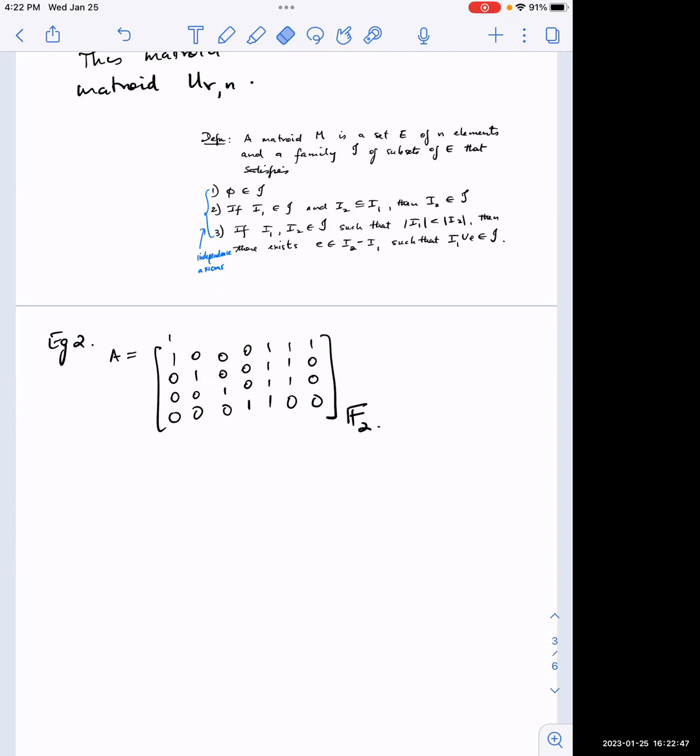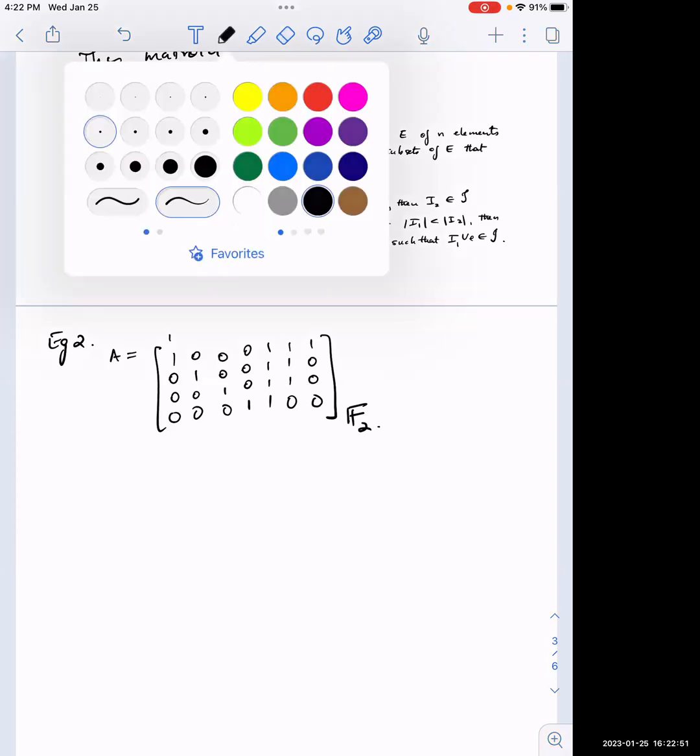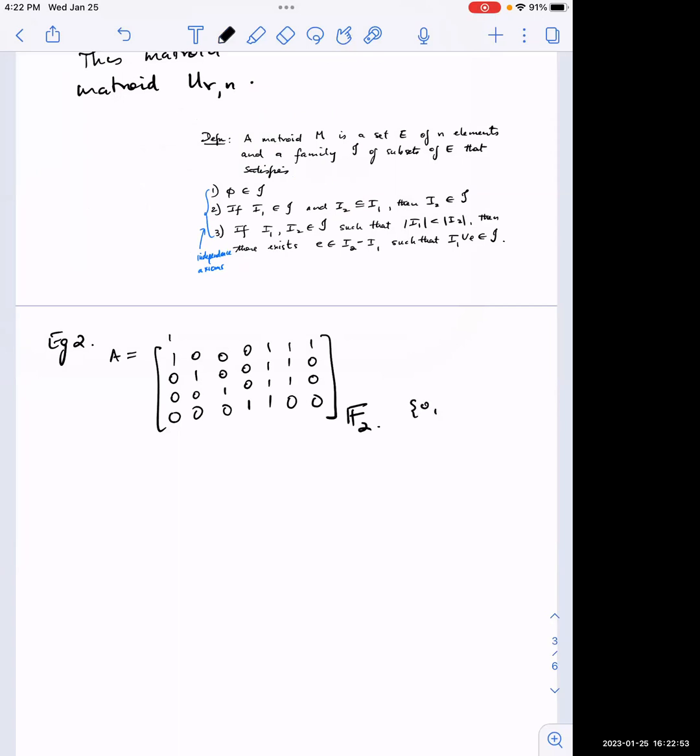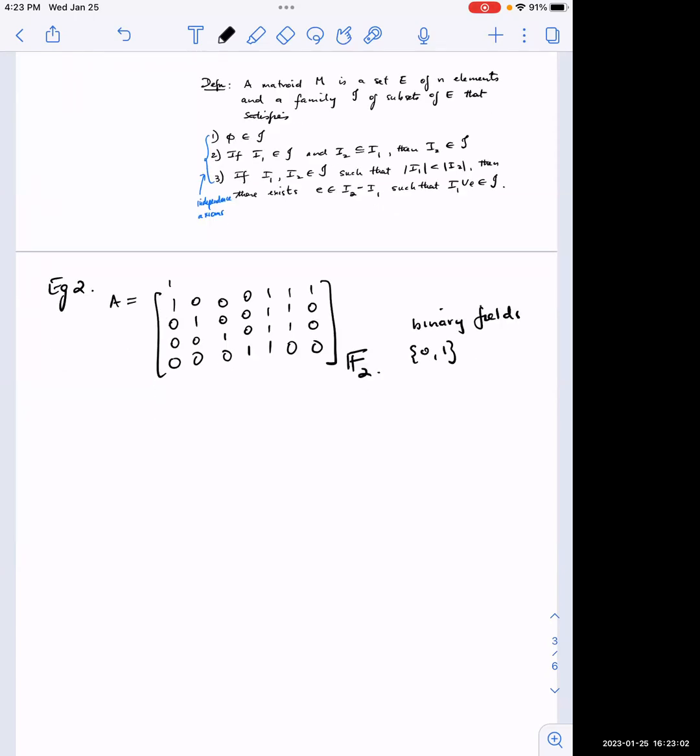This is F2, this is the binary field. The elements are just 0 and 1. So if you're hearing finite fields and thinking we didn't do that chapter in algebra, this for the students, then don't worry, okay? As long as you know binary arithmetic, you'll be fine.